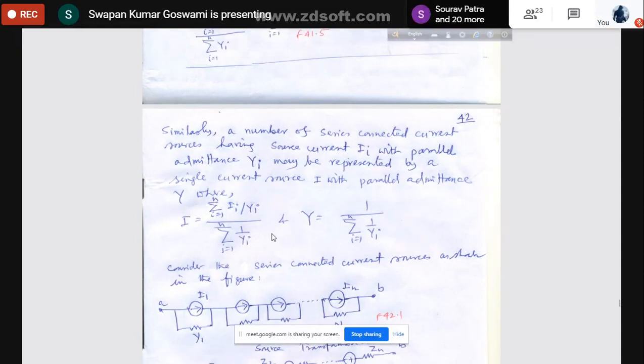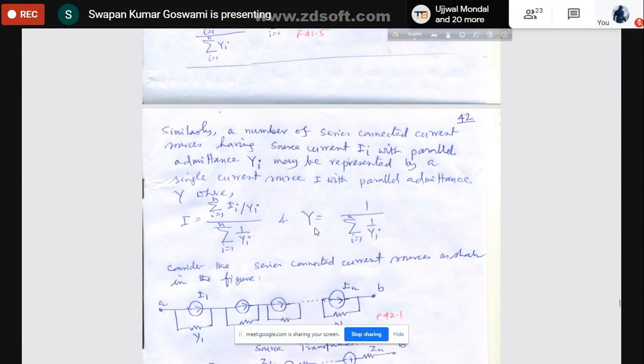The impedances are summed up for all the sources. So Y is 1 upon the summation of 1 upon Yi. That means the sum of all impedances, and the reciprocal of that is the admittance.